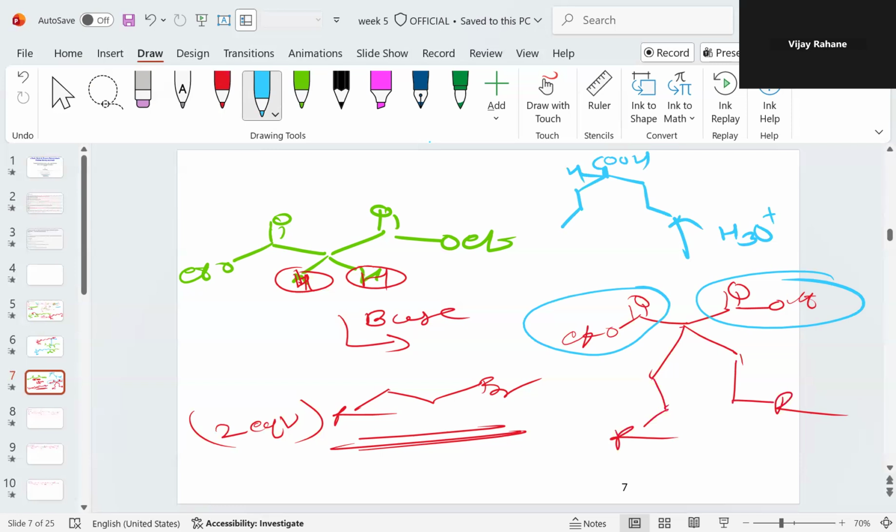So first, both these ester groups convert into the acid, and this acid under heating can potentially lose one, because when both acyl groups are on the same carbon atom, we can do the decarboxylation from this center.